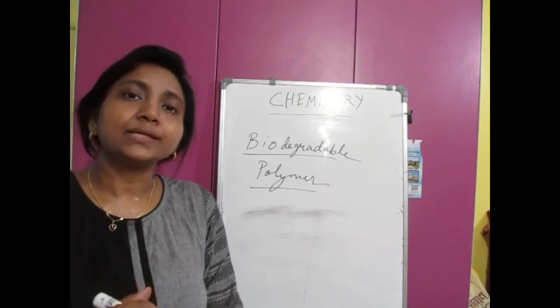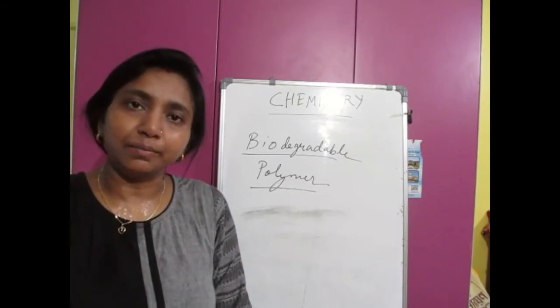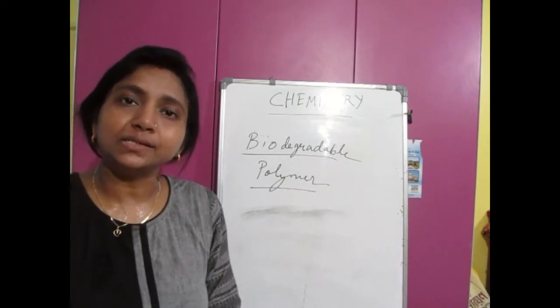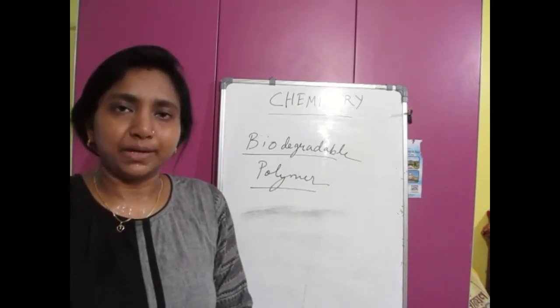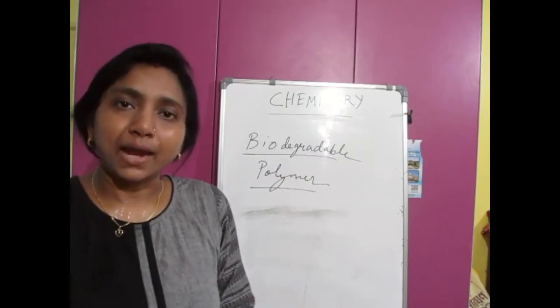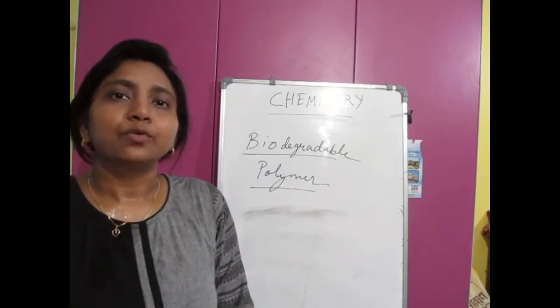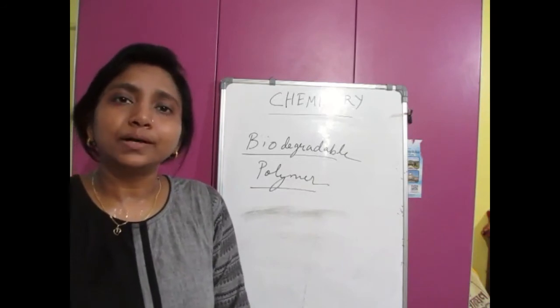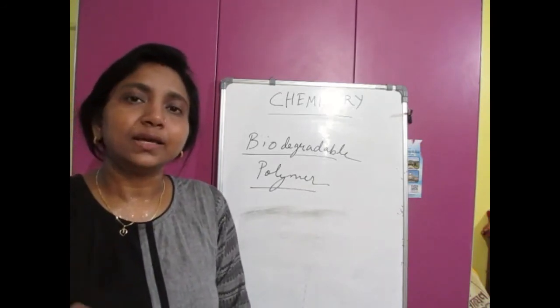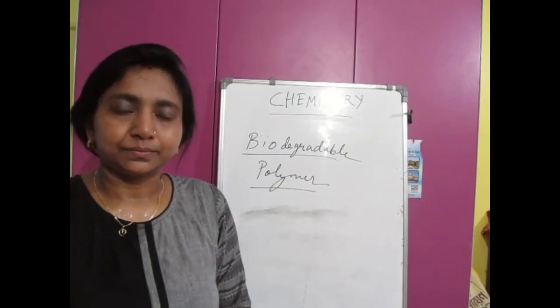So we have to make such biodegradable polymers that are very user friendly and can replace plastic materials. Plastic materials are now being banned in different areas, but we are not getting a proper replacement for them. So we have to think about all these things.